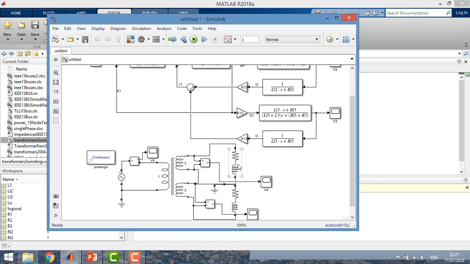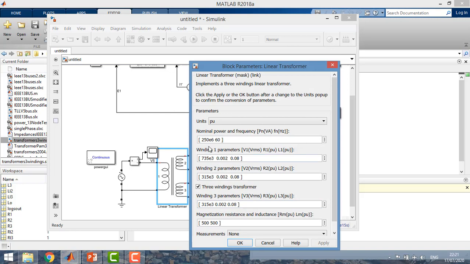Alright, so if you go back and check the parameters presented in table 1 for the series impedances of the primary, secondary and tertiary windings, the shunt admittance parameters which present the magnetizing resistance and reactance, you will find that those parameters are equal to the parameters presented here.